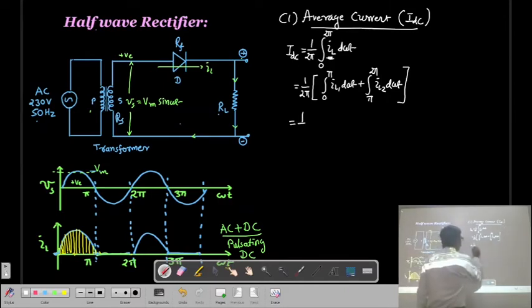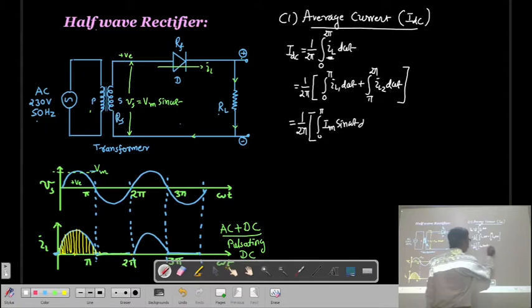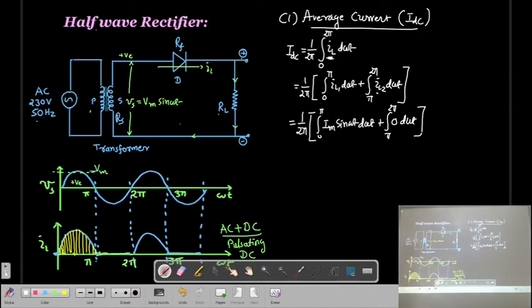This is equal to 1 upon 2 pi. Now from 0 to pi, what is the value of IL1? IL1 we know is Im sin omega t d omega t, plus from pi to 2 pi the value of IL2 is 0 d omega t.